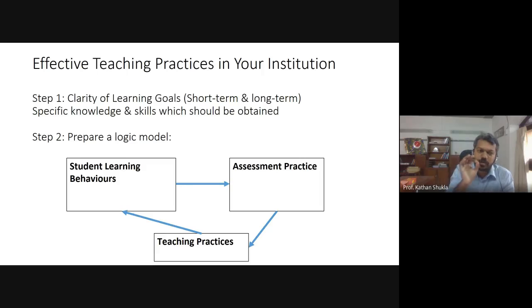Exactly what sort of behaviors you want them to do, and then how will you assess those behaviors, right? And then if those are the behaviors that you want, what sort of teaching practice will be needed? इसके बारे में आपको सोचने की जरूरत काफी है.